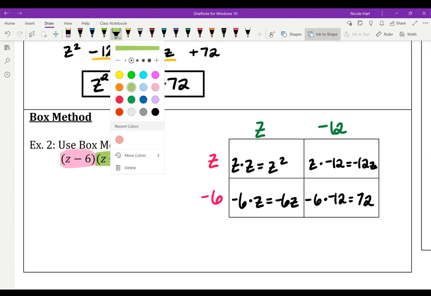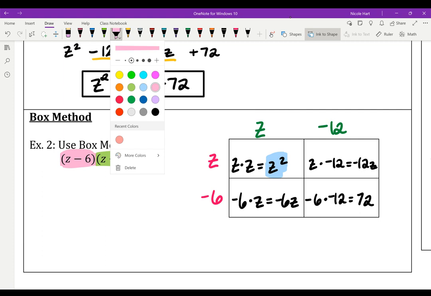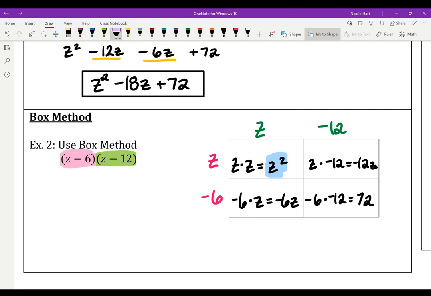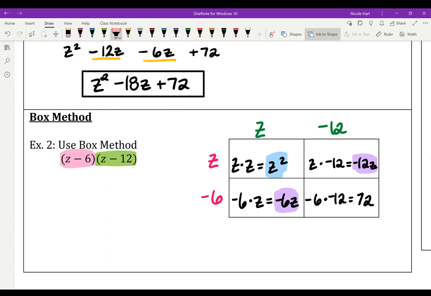So I'm going to isolate all of my terms after they've been multiplied. So I have z squared. I have negative 12z and a negative 6z. I'm going to highlight the ones that are the same types of terms because I know I'm going to have to combine those or add those together. And then we have 72.